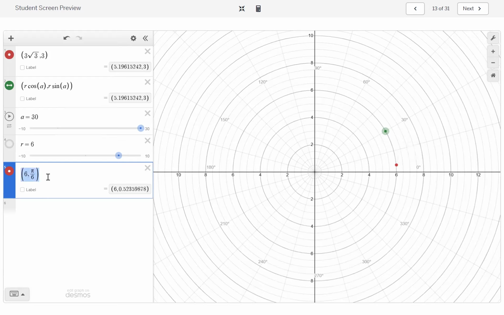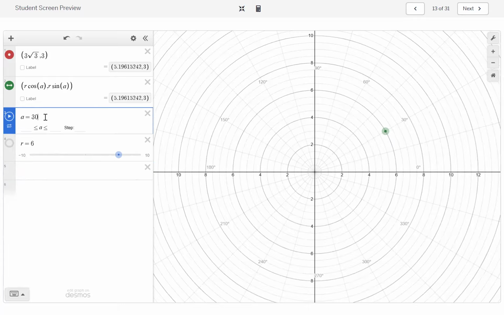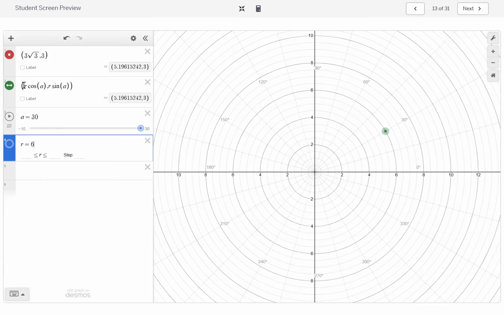So in order to plot polar points, we have to use our cosine theta, our sine theta for the xy coordinates. But if we go to this slide, you can just type in whatever you want A to be and whatever you want R to be, and it'll calculate it for you and show you where that point is. So we can plot polar points in Desmos. It just requires a little bit of workaround.